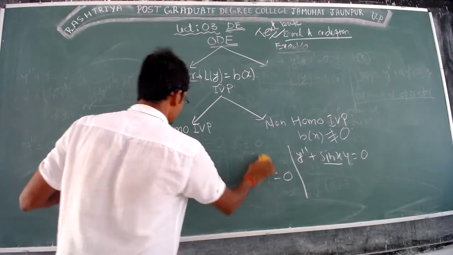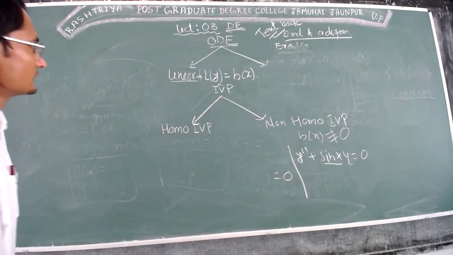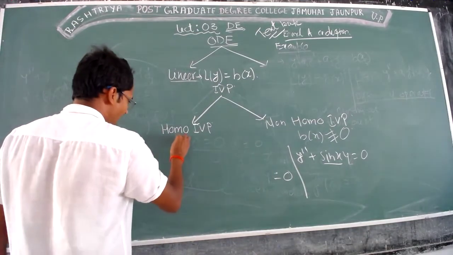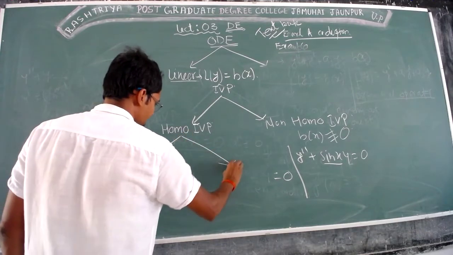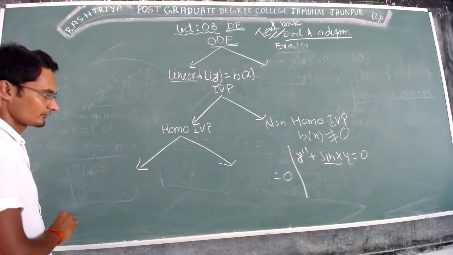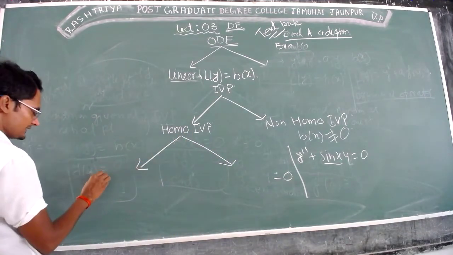So the homogeneous initial value problem has two classifications. What are they?